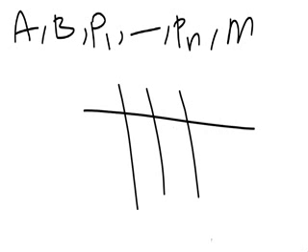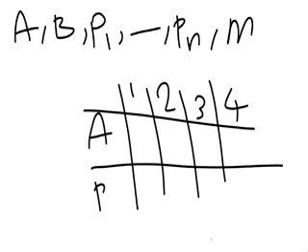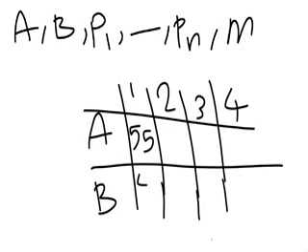Now, to be a bit more clear, let's take a look at an example. Assume that we have 4 persons, and these are the numbers of votes that they have, and m here would be 100. So in each of our persons we have exactly 100 people.